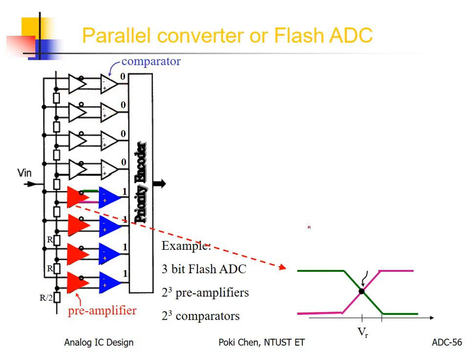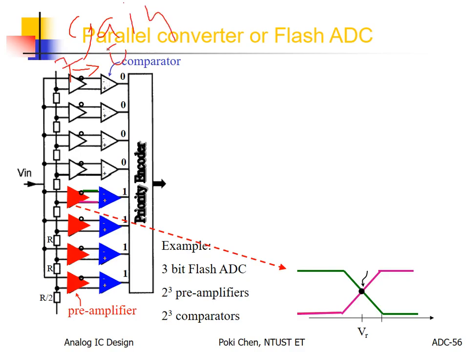For example, if you look from input to output of the preamplifier, it is an amplifier, so Vin will be amplified. You will get some gain from the input to the output.